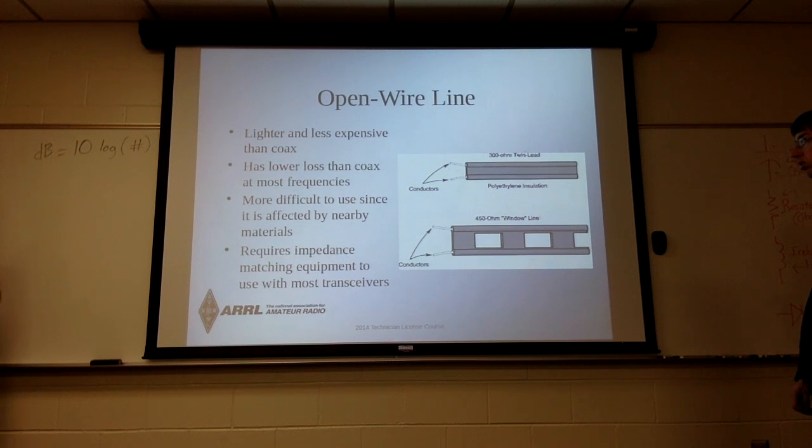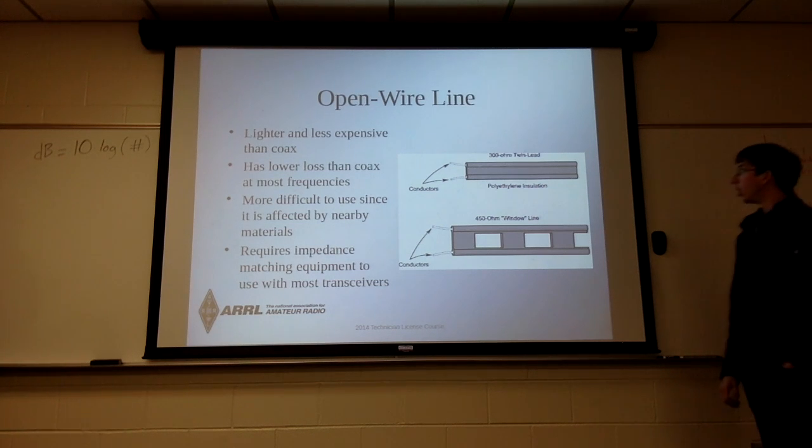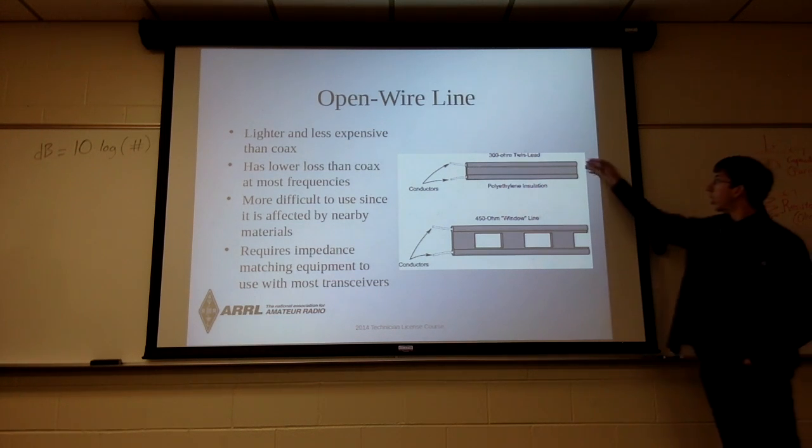Open wire line generally has less loss than the equivalent run in coax. It's lighter, but it's more difficult to use because coax is not affected by other things near it, while open wire line is. So you have to be careful about what's near your wire while you're using it.